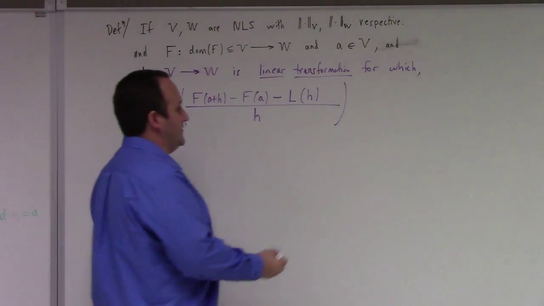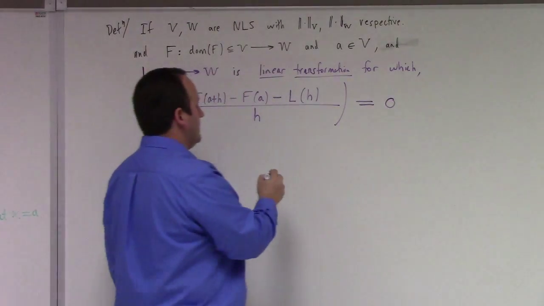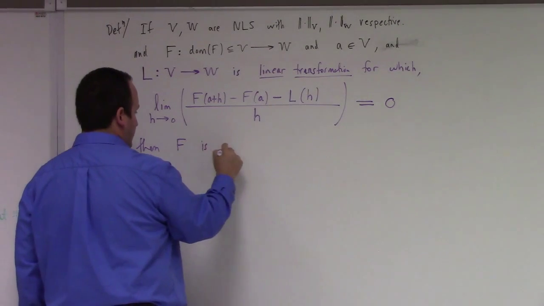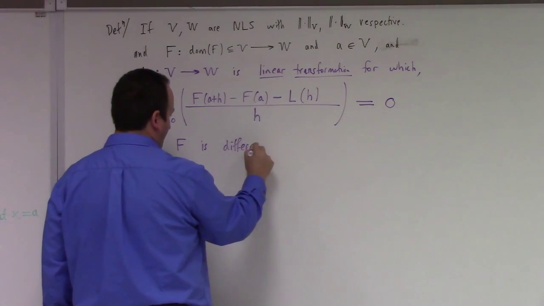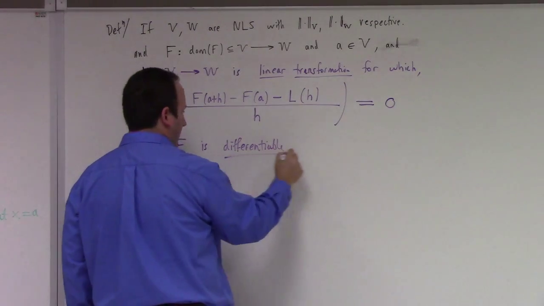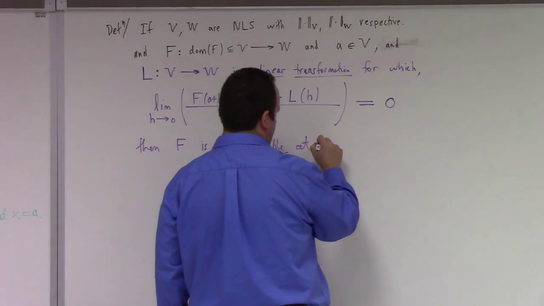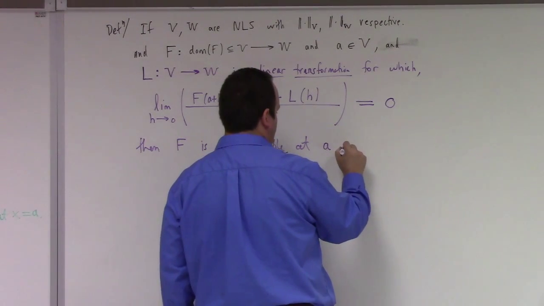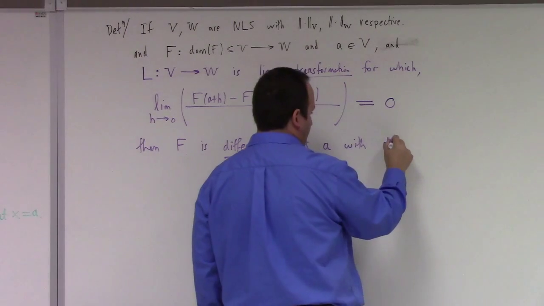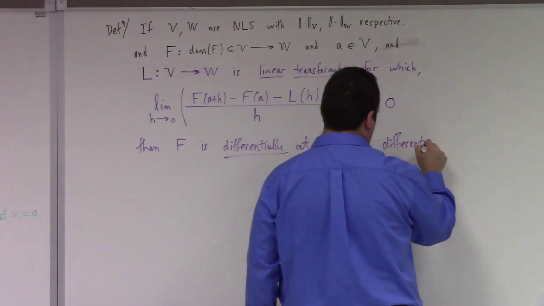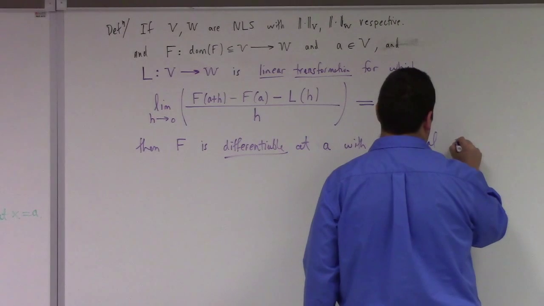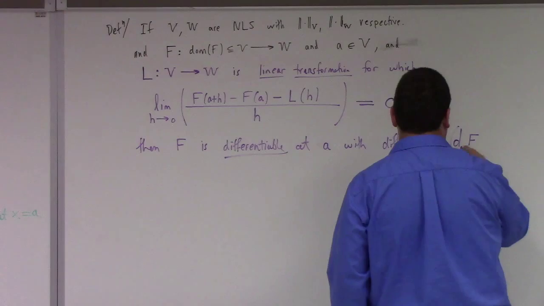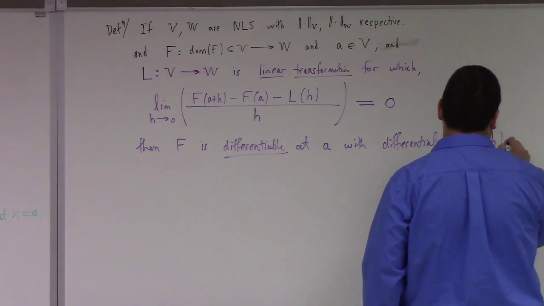If that is equal to 0, then F is differentiable at A with differential, and here's the notation for the differential we'll use, D sub A F, the differential acting on H, is equal to L of H, okay?